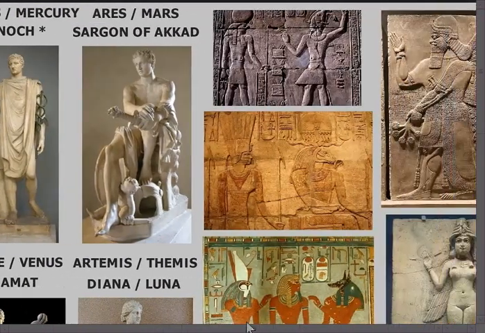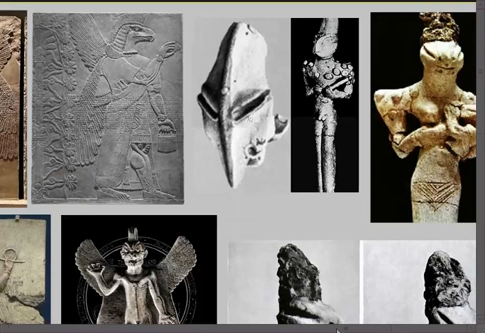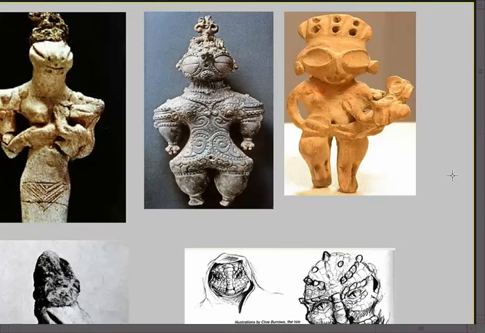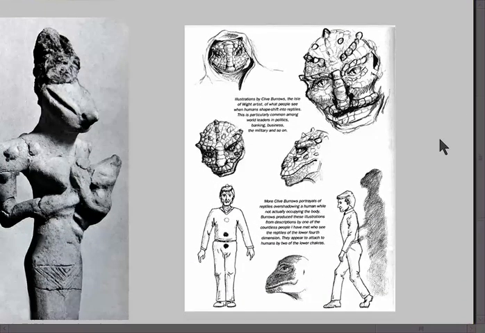The whole idea of the Greek god with the perfect physical features. If you go back, you find their gods were not so beautiful. And this is where Sitchin comes in, saying that they're actually representing reptilian gods.